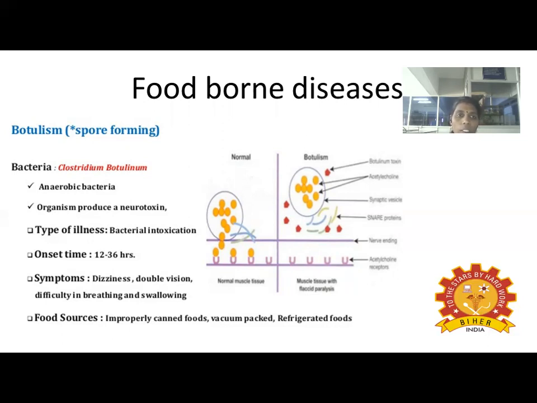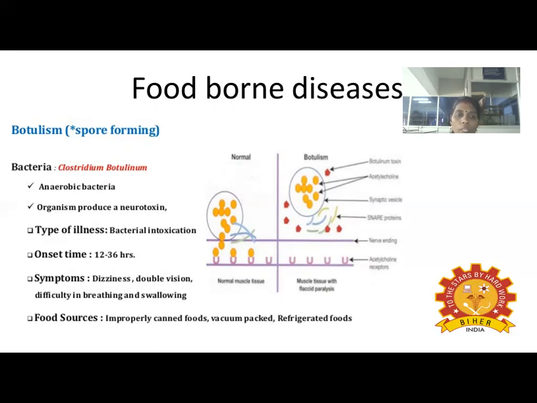Why does this disease come to the human being? It is because of the food sources: improperly canned food, and vacuum packed and refrigerated foods. When food is canned, it should be fully sterilized, and only then packed.